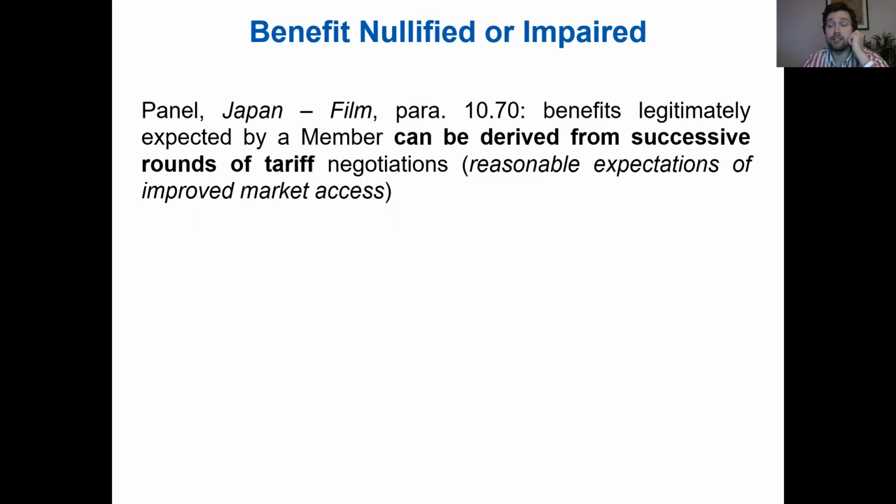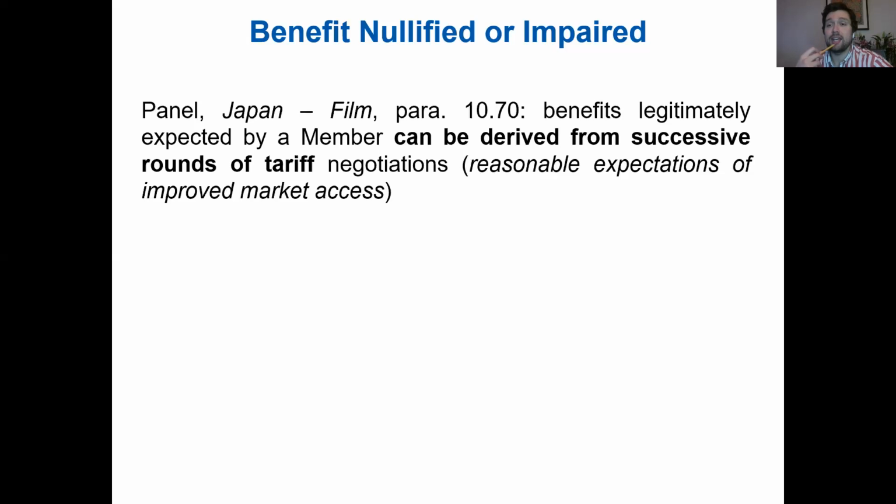So when acceding to the WTO, when negotiating tariff schedules, you have certain expectations on the level of market access that your products will be able to obtain in a foreign market. However, if as a result of the application of a violation of WTO rules or of a non-violative measure, your access to this foreign market is nullified or impaired, then it can very well qualify for the requirements of Article 23.1.